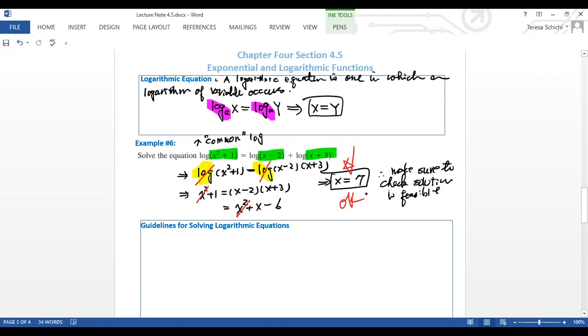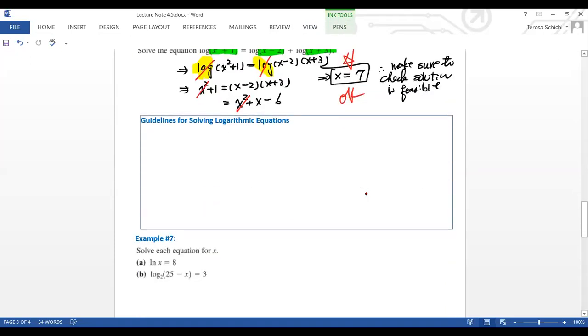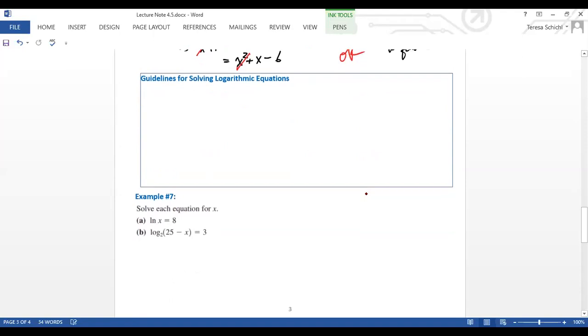Okay, so now let's take a look at what the general guidelines are. We can use example number 7 and try to show how to work on the general guidelines here. So the general guideline number 1 is still what?